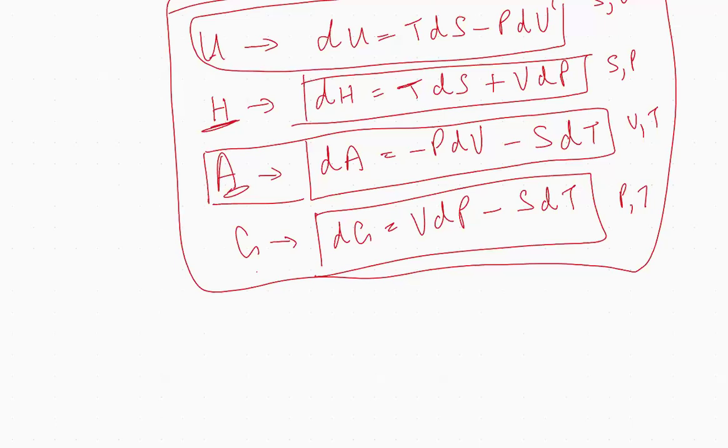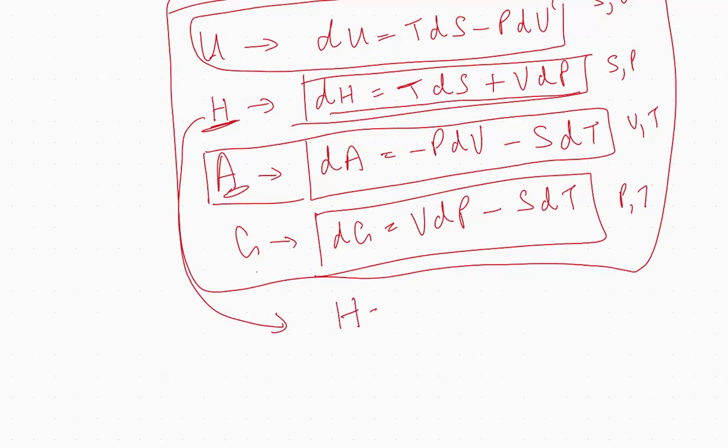Okay, so for example, I just want to show you how we derive dH equals TdS plus VdP. You don't have to know how to derive it. Okay, but normally enthalpy is defined as U plus PV work, pressure and volume.